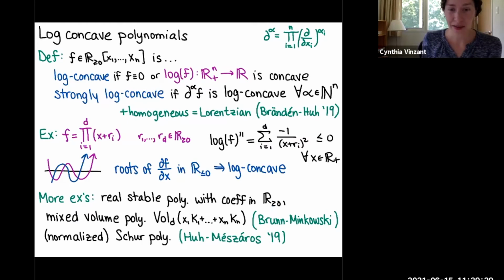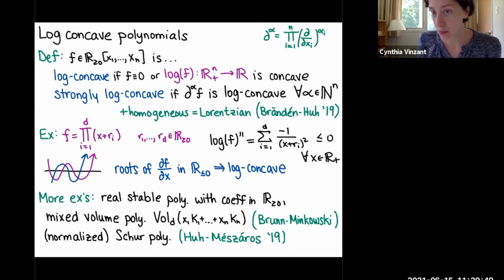There are many other and arguably more interesting examples of these things. There's a multivariate version of real rootedness called stability, and these polynomials are strongly log-concave by a generalization of the Brunn-Minkowski theorem.